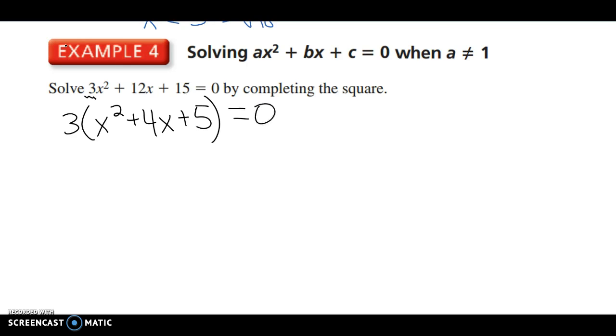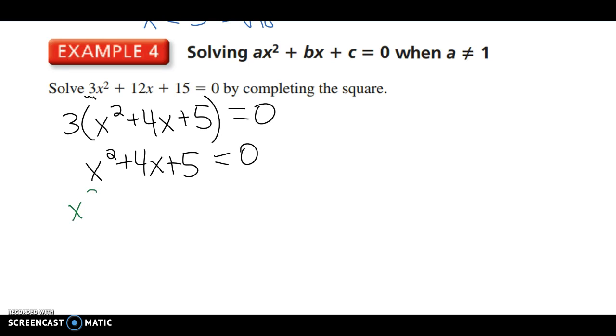And then we can divide both sides by 3, and the 3 cancels out because 3 divided by 3 is 1, so I get this on the left-hand side. And 0 divided by 3 is what? Just 0.